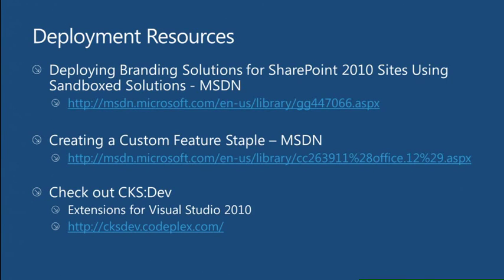Yeah. So if you're interested in getting more information about feature stapling, like I said, there's really not much to it, but here's an article from MSDN that you can take a look at. For general branding deployment, whenever I normally go through that, I will generally use CKS Dev, which are extensions for Visual Studio 2010. You can take a look at that.